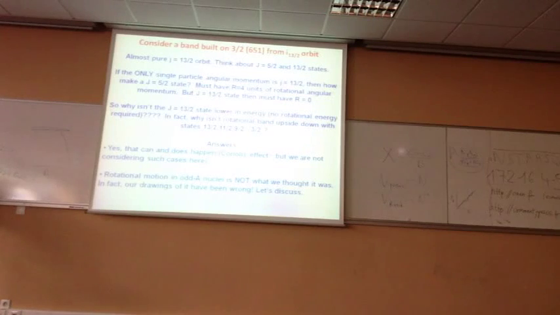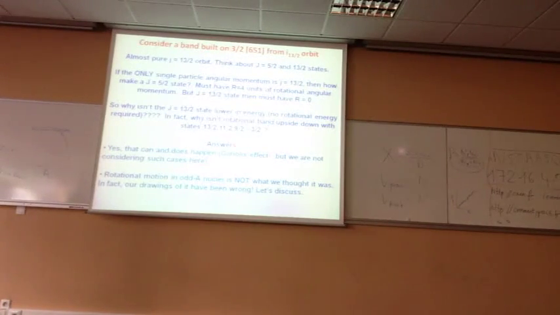This is the 3/2 [651] orbit. It comes from the i13/2 single particle orbit. That i13/2 is the unique parity orbit. It's the only orbit in that shell with positive parity. So its wave functions in the Nilsson picture are almost pure, and they're dominated by C_J, by J of 13/2.